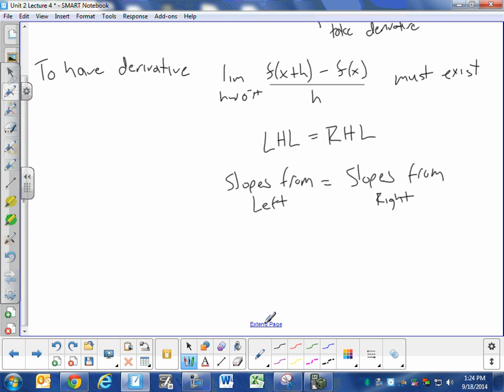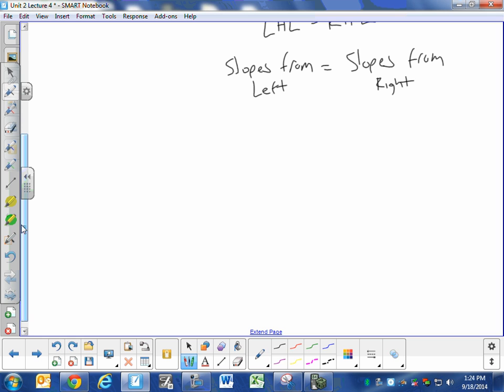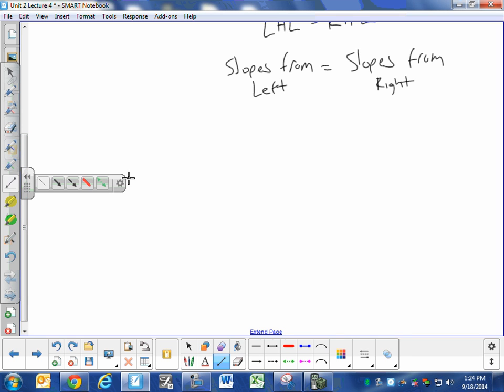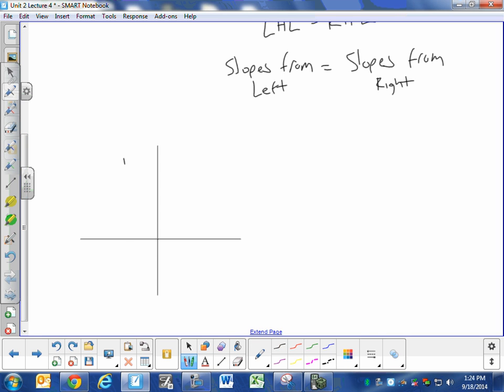Now, when do the slopes from the right and the slopes from the left not equal the same values? That's one situation. Whenever we have a discontinuity, slopes are not the same.